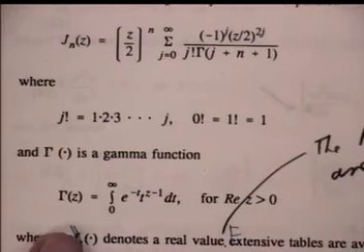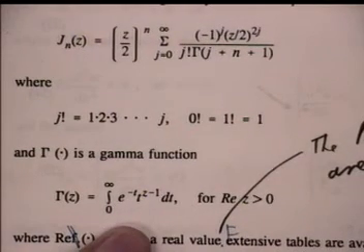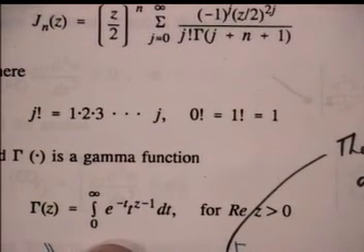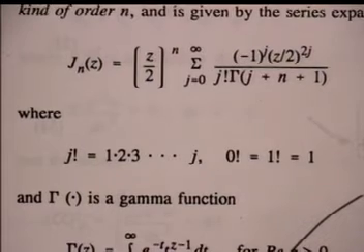Now, the gamma function is a function that is defined by this integral. First of all, there are tables of gamma functions. But even more importantly, computers have gamma functions in the special function library. Many computers have also Bessel functions.